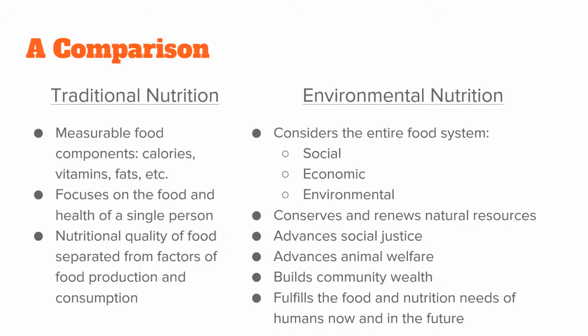So broadening that view of nutrition, or broadening that definition of nutrition to include these other components of food production, the environment, and physical health. So in traditional nutrition, we focus on measurable components of food, the calories, the vitamins, the fats, the proteins, the carbohydrates, etc. And again, stuff we've basically focused on so far in this class.